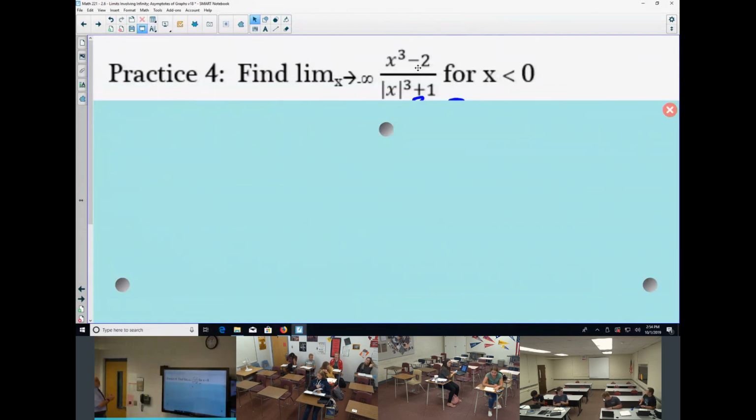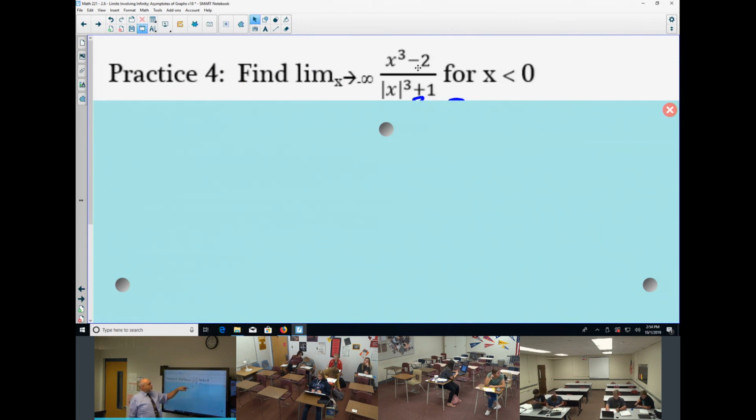All right. So we were going to try to find this limit as x approaches negative infinity of x cubed minus 2 over the absolute value of x cubed plus 1, for x less than 0. Okay. So yesterday, what we talked about with this type of problem is the first thing you have to do is get rid of the absolute value.